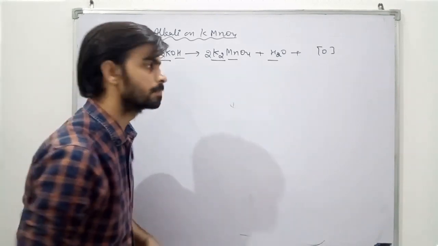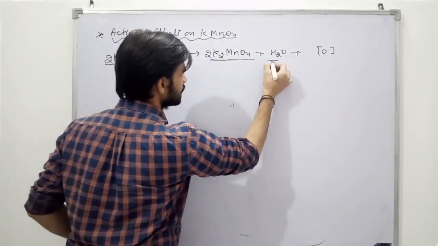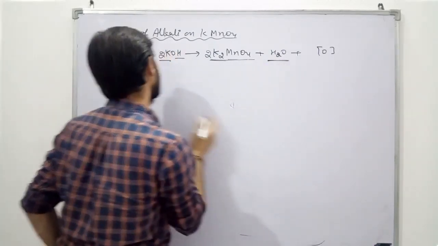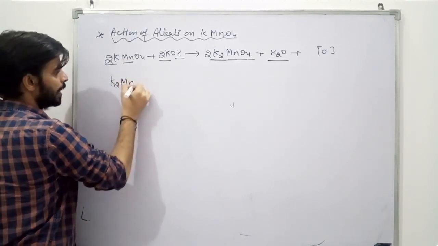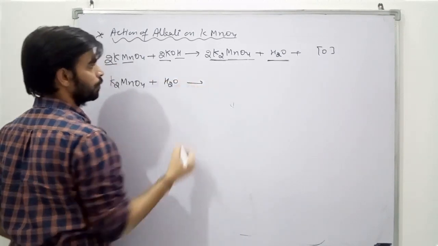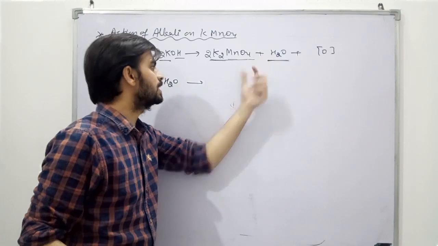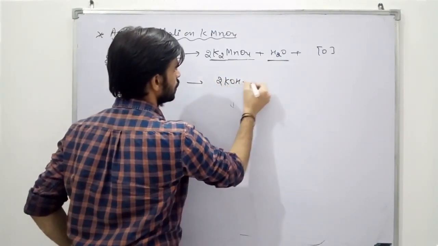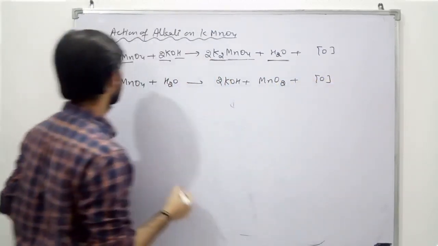But now we can see that potassium manganate when treated with H2O, it again reacts. As potassium manganate is formed along with water, both react with each other and form KOH plus manganese oxide plus oxygen.